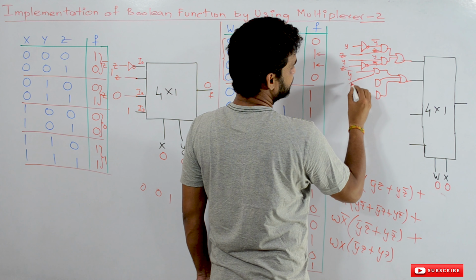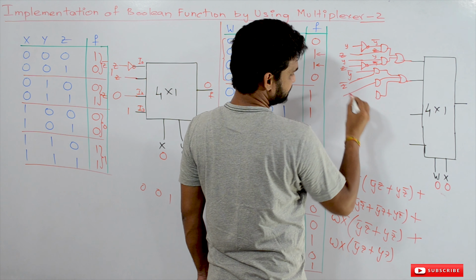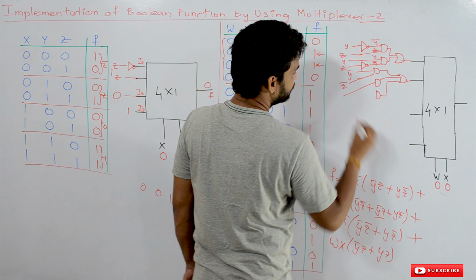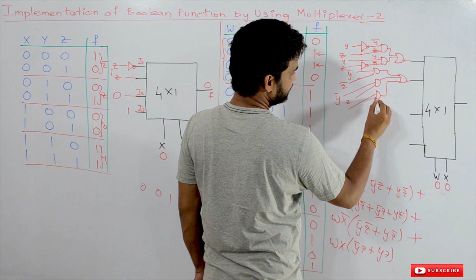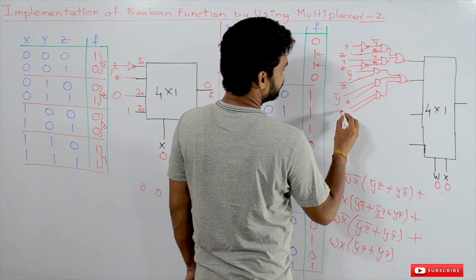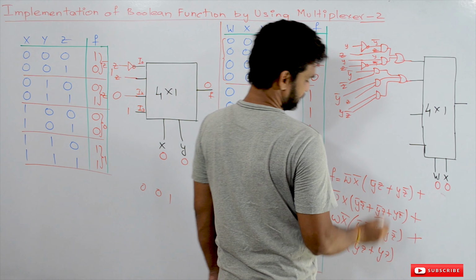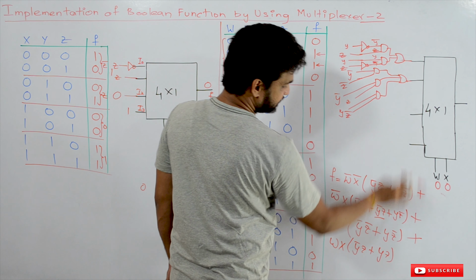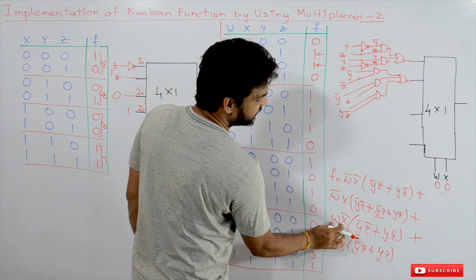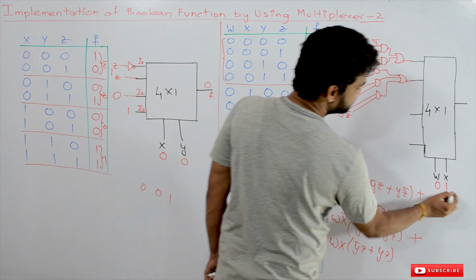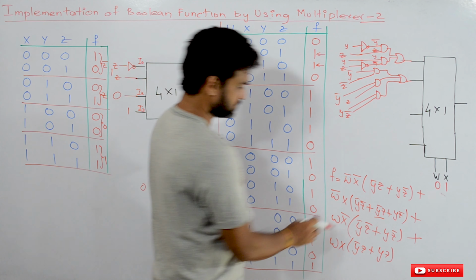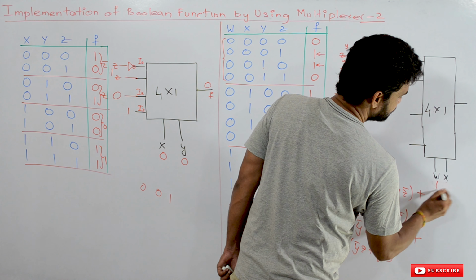I am not using the NOT symbol. This AND gate will get connected to Y bar, Z, and this AND gate will get connected to Y, Z bar. In the same way, to this connection, because it is WX bar, WX bar means 1 0.